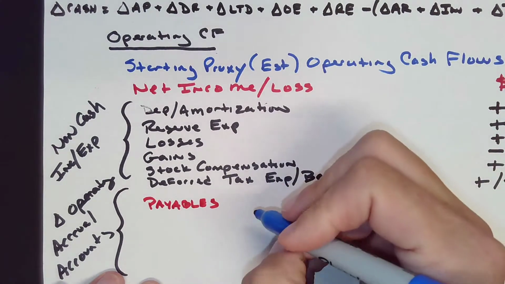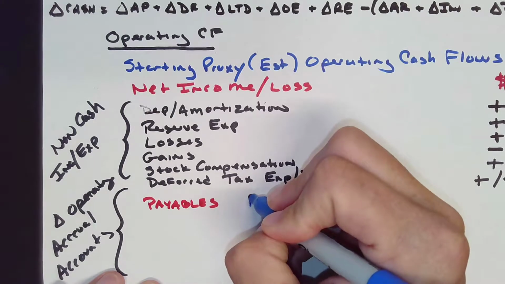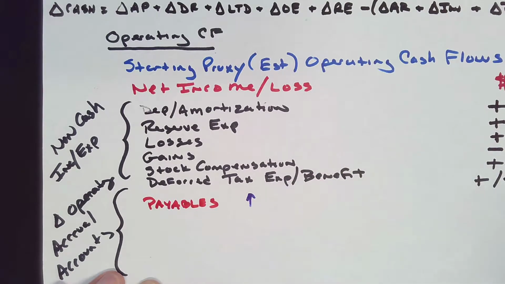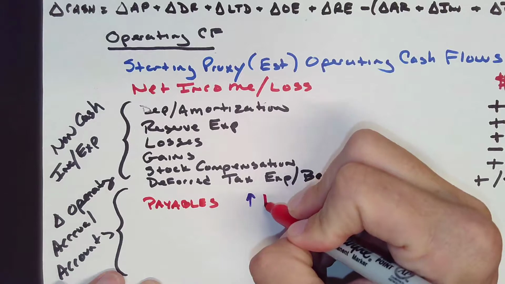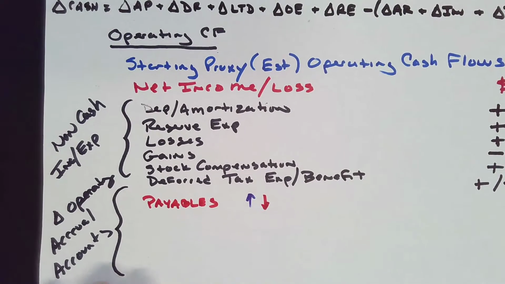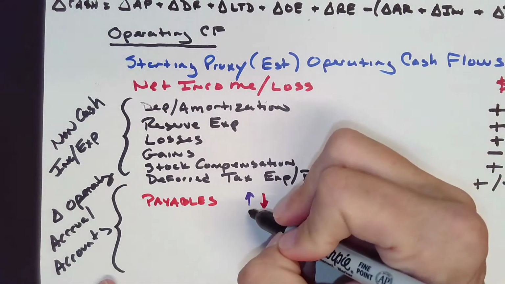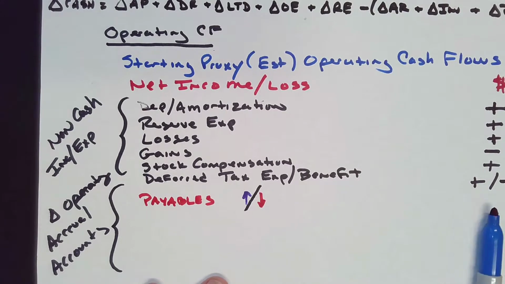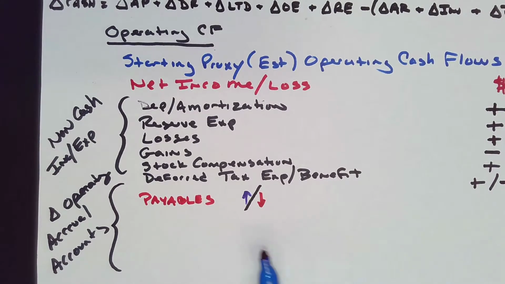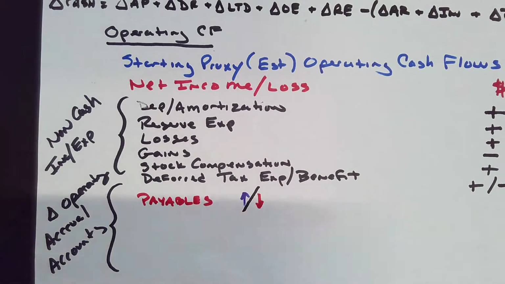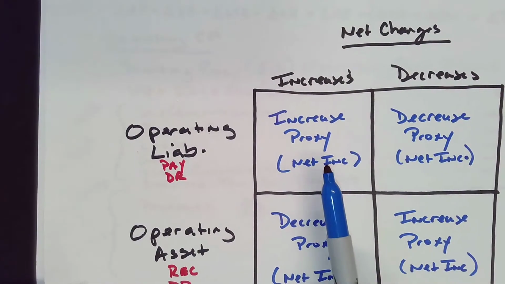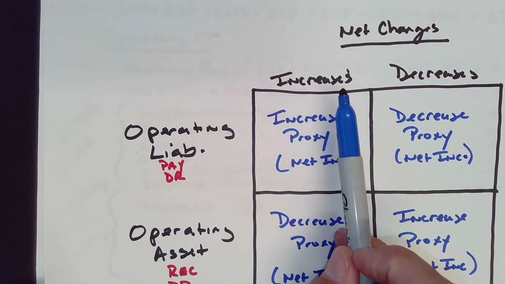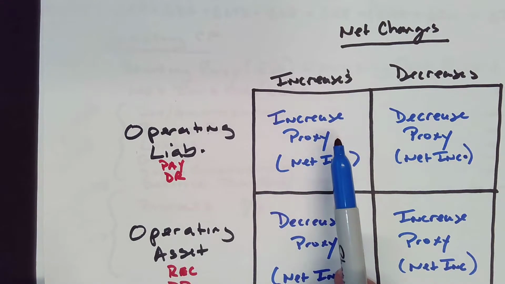And we'll designate that we've got a net increase in the payable, or we have a net decrease in the payable. And we'll have that offset this way. So what do I do with my proxy when I have an increase in my payable? When I have an increase in my payable, I'm going to increase the proxy.